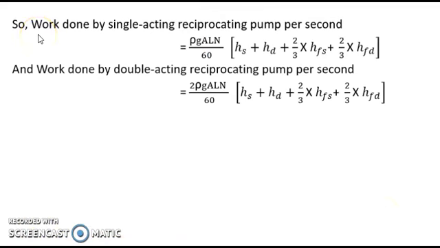So we can say that the work done by a single acting reciprocating pump per second is equal to rho GALN by 60 into HS plus HD plus 2 by 3 HFS plus 2 by 3 HFD, and the work done by a double acting reciprocating pump per second is equal to 2 rho GALN by 60 into HS plus HD plus 2 by 3 HFS plus 2 by 3 HFD.